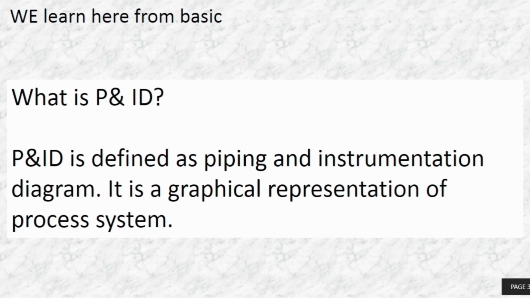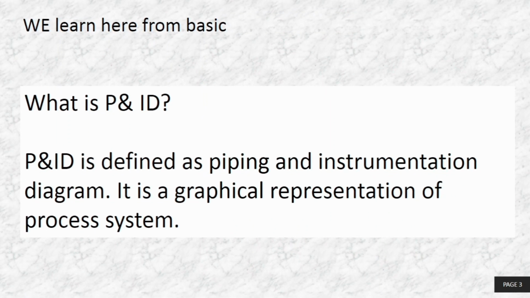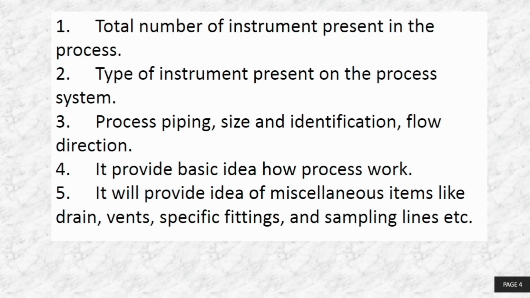So with the P&ID we can get from where to where the flow goes, water flowing, steam flowing, chemical flowing and many things. Total number of instruments present in the process we will learn, the type of instruments present on the process system, and process piping size identification, flow direction.